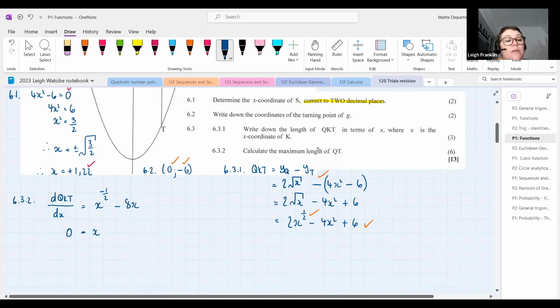So we've got x to the -1/2 minus 8x. Now how am I going to manipulate this? What would you guys do next?